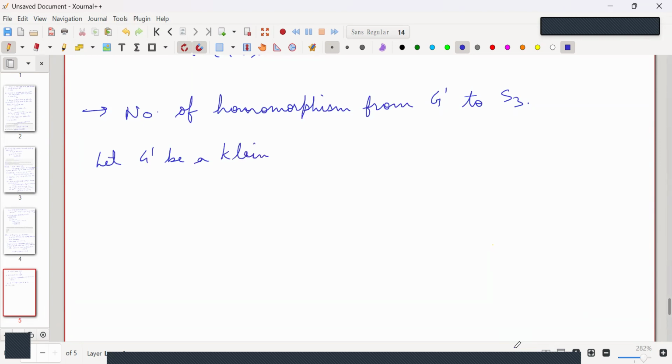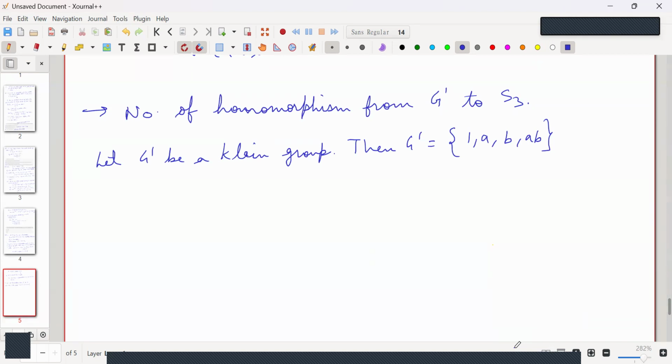So all the rest of the elements in the Klein group have to map to the identity itself.